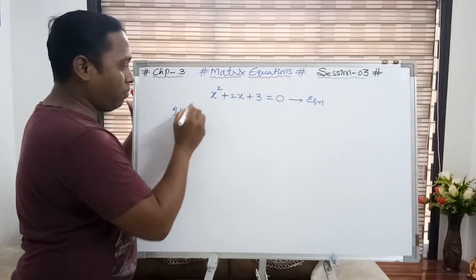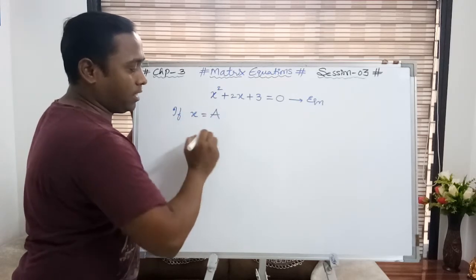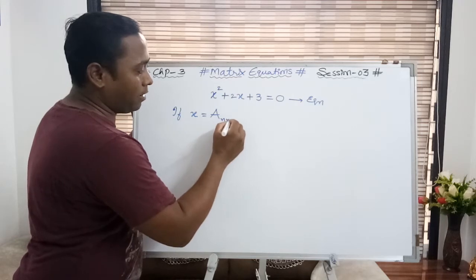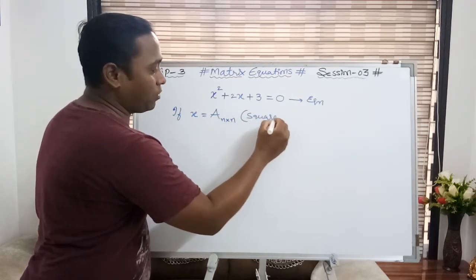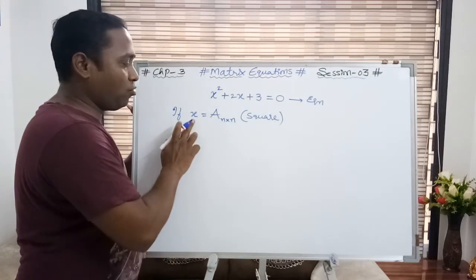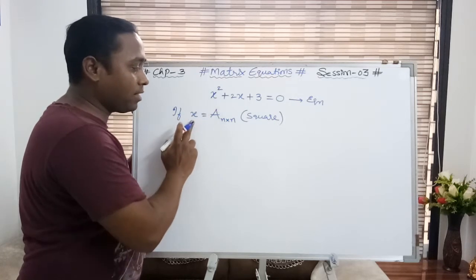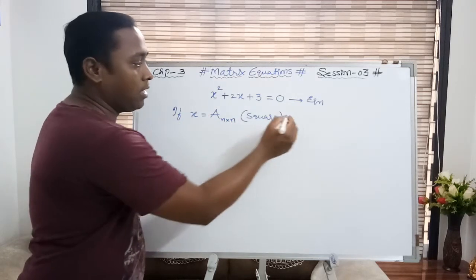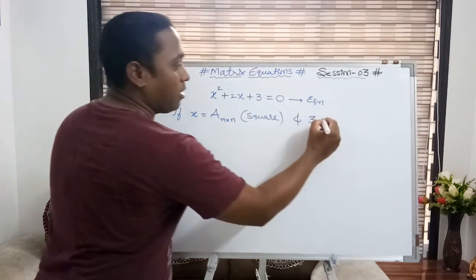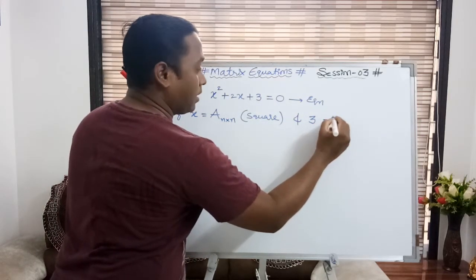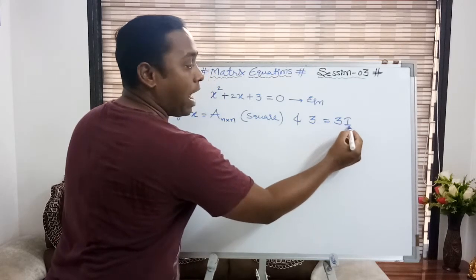If we replace the x variable with a matrix whose order is n by n, which is a square matrix, remember, it's most important, and replace the constant 3 with 3I, where 3I stands for 3 into identity matrix.